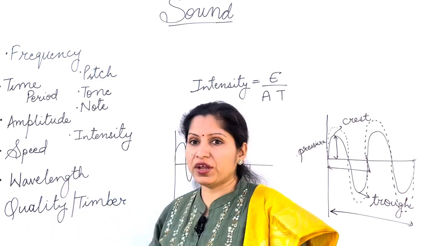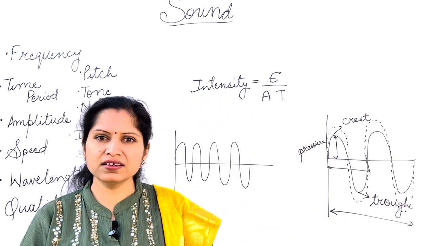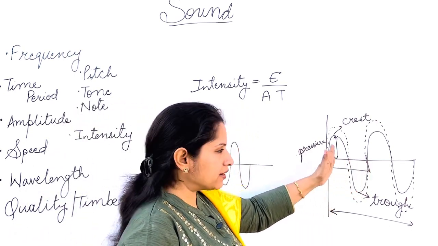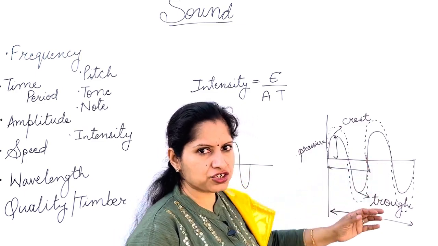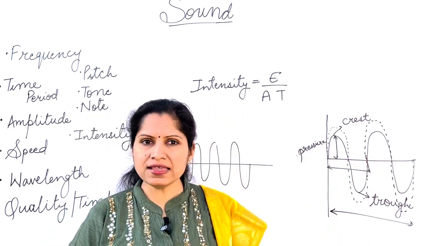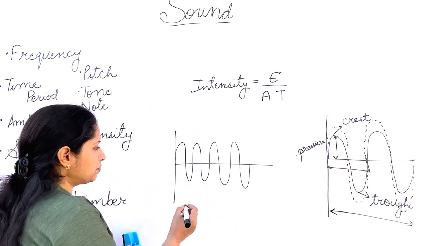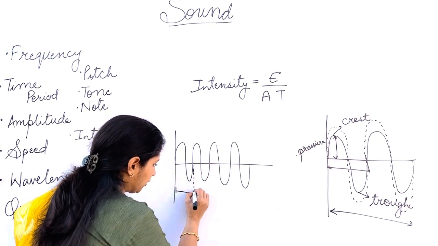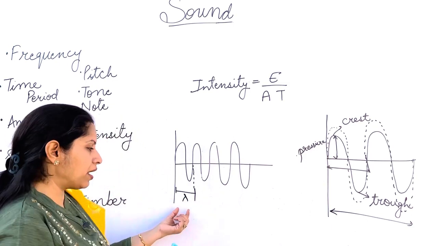Next comes the wavelength. The length of one particular wave, that is the length of one compression and one rarefaction, is known as wavelength. This wavelength is represented by the symbol lambda.